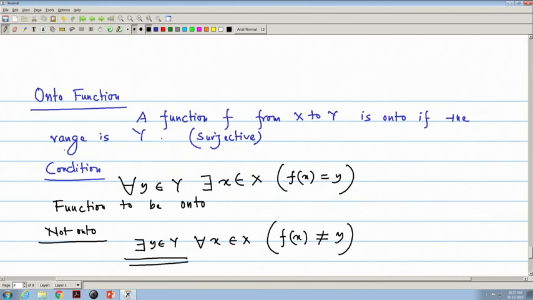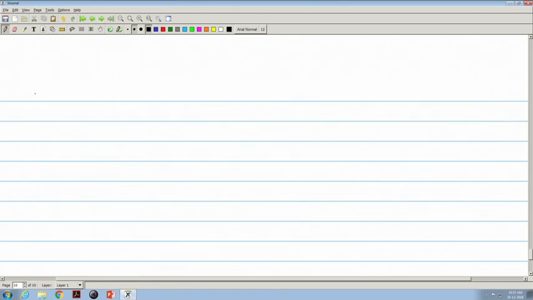We remember the range is the set of y. So, at least one element y exists for which f of x is not equal to y, and then that means it is not onto.